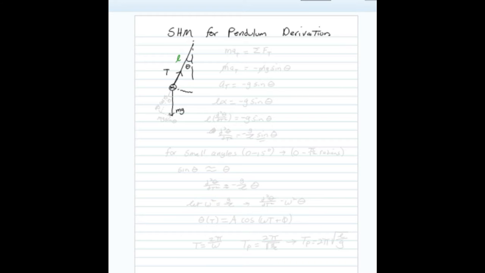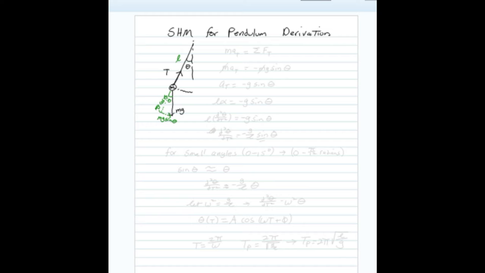So I'm going to split this gravity force into components. I'm going to draw it like this. And if the angle theta here is in this picture, it's going to be the same angle here, which is going to make this mg sine of theta, and this mg cosine of theta.